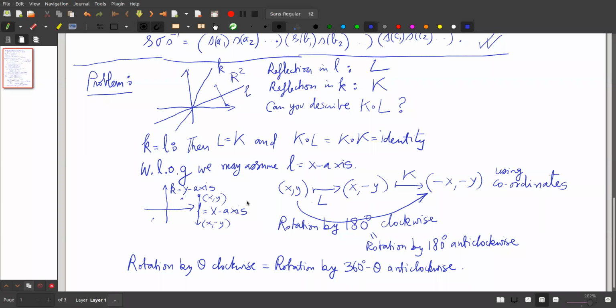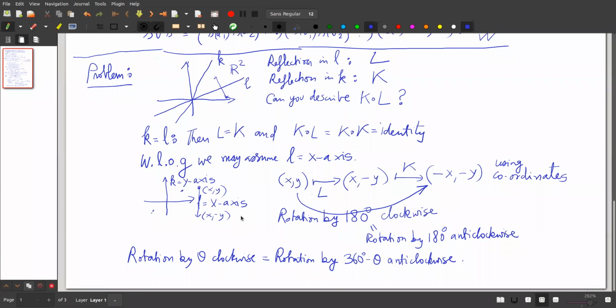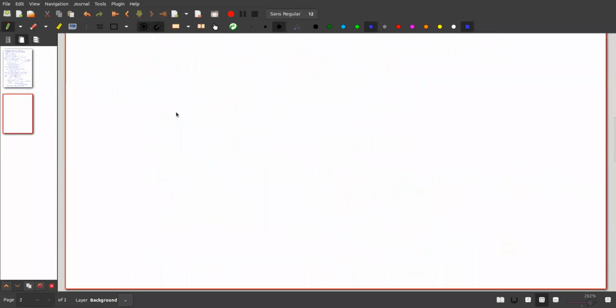But suppose we want to do this in general. The one thing that we have learned from our special case is that I put L equal to the x-axis. Nothing wrong with that. So let us formulate the problem like this. Here is R2. This is L, and K is some line like this.